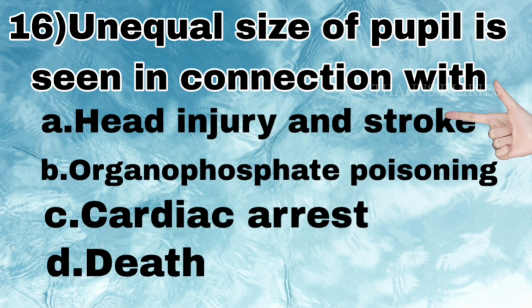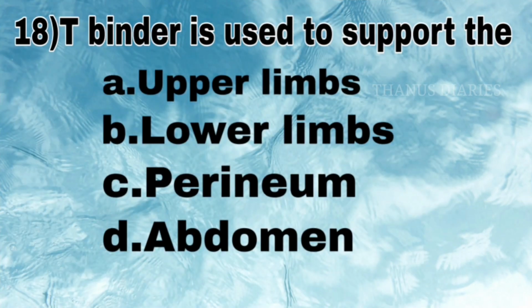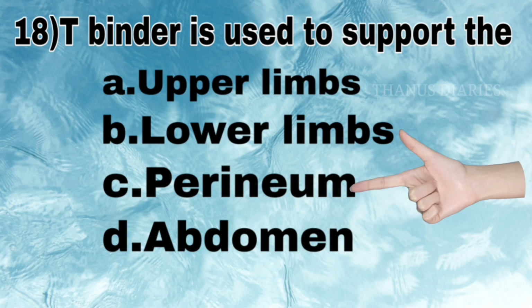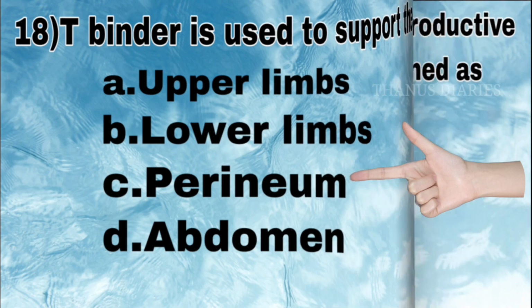The answer is head injury and stroke. T-binder is used to support the upper limbs, lower limbs, perineum, abdomen. The answer is T-binder is for supporting perineum.